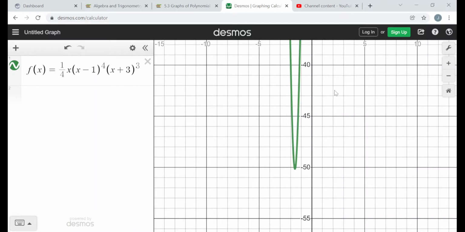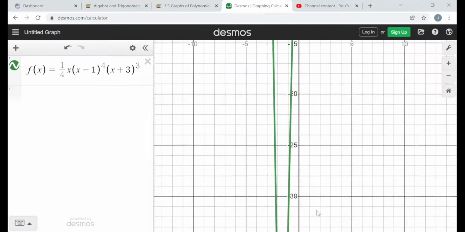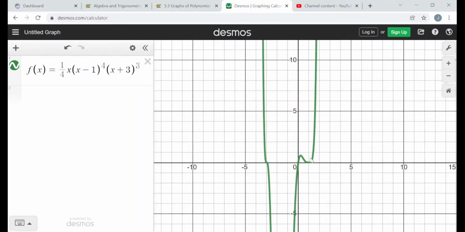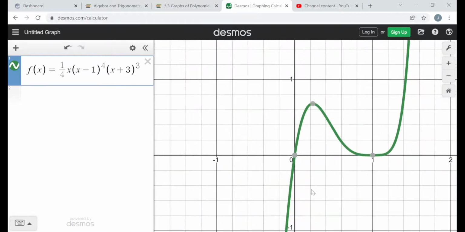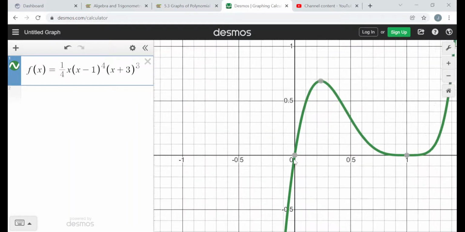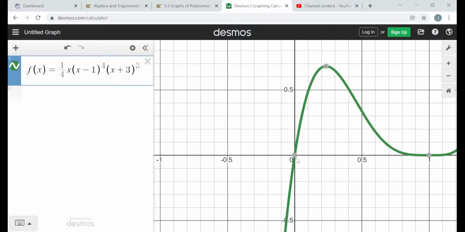It turns here, but there is one turning point. All right, one turning point. And then it crosses at x equals 0. All right, we said that. But see how it crosses straight through like a line, because multiplicity was 1. Then here's a second turning point between x equals 0 and 1.